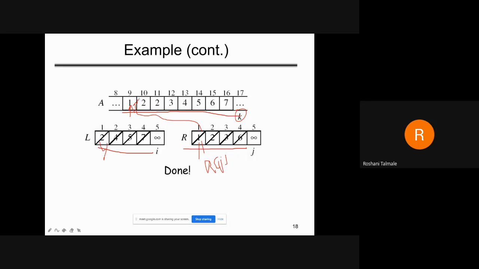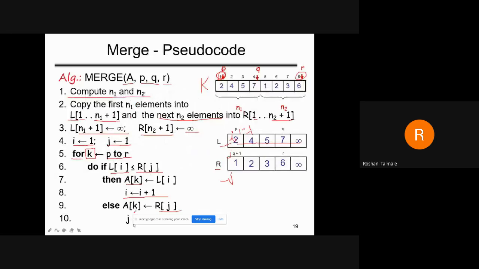Why am I repeating all these things? Because when we calculate the complexity, you should know the actual iteration-wise execution properly. And then we increment J equals J plus 1. Fine. So this is the merging pseudocode of the program.